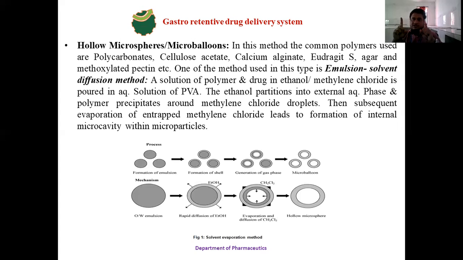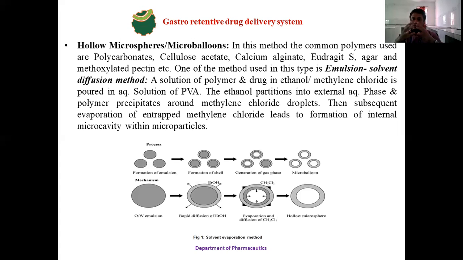So there are two phases. In one phase there is a solution containing the polymer and drug, in ethanol and methylene chloride, and that is poured into an aqueous solution of PVA.